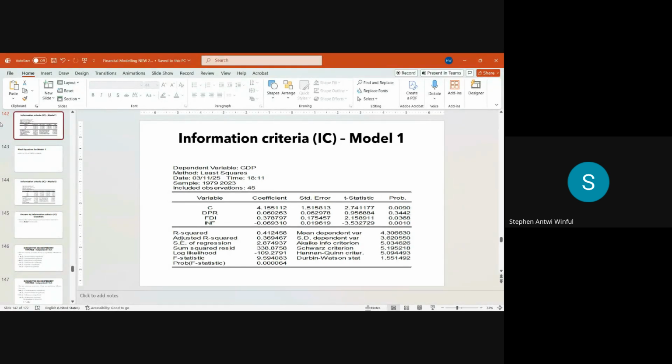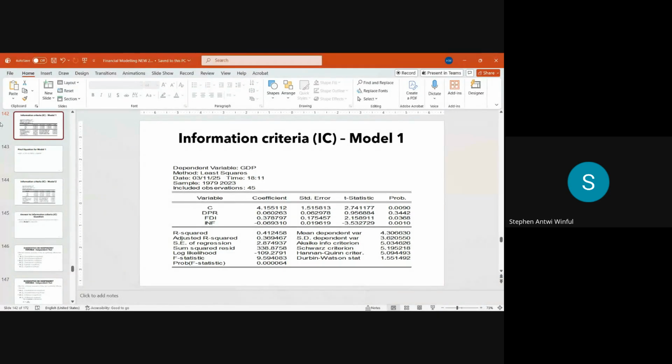We have looked at the information criteria by way of Akaike, Schwarz, and Hannan-Quinn. Then we ended with the t-tests of the independent variables, where we also measured significance based on four different criteria: the standard error, the t-statistic, the probability value, and the lower and upper values. These four can help you confirm whether a variable is significant or not before it is included in the final regression model.